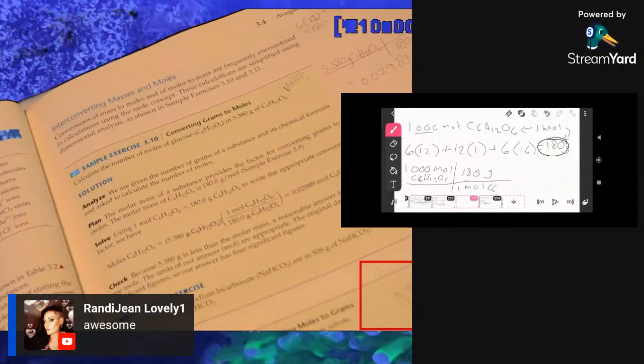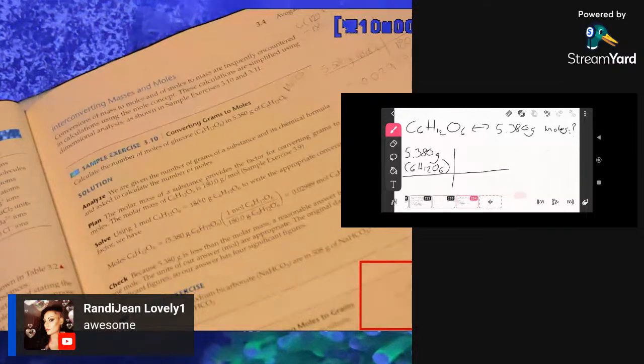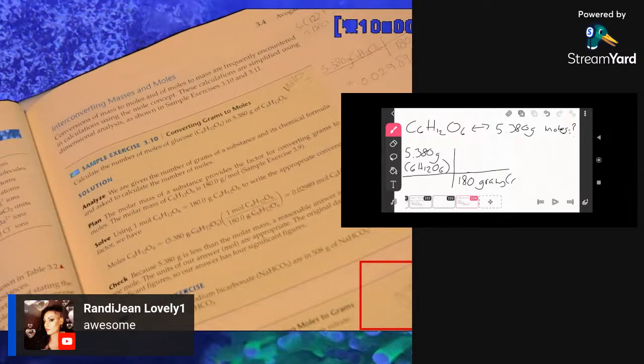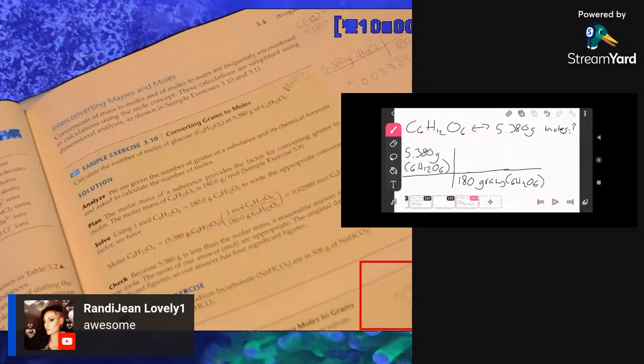See that? 180 grams of C6H12O6 is equal to 1 mole. You see that? And then this equals.